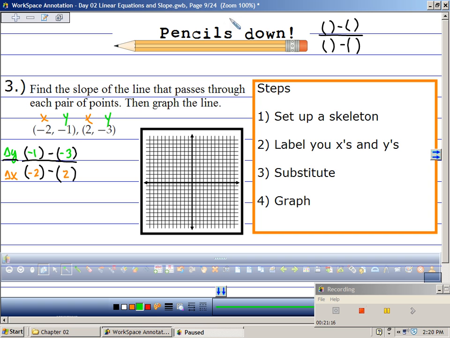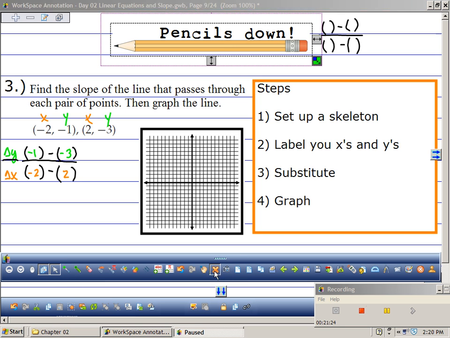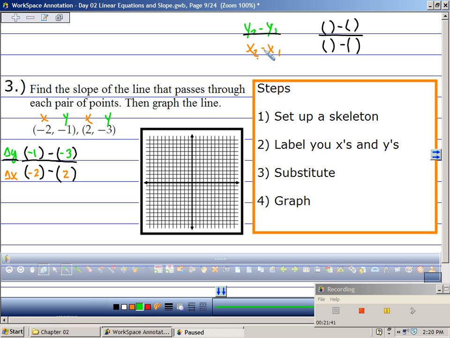Now, how many of you only know it this way? I should erase this. Okay, so I'm going to do it that way up here too. I don't like this way, just because to me it confuses students and it takes you away from the concept.